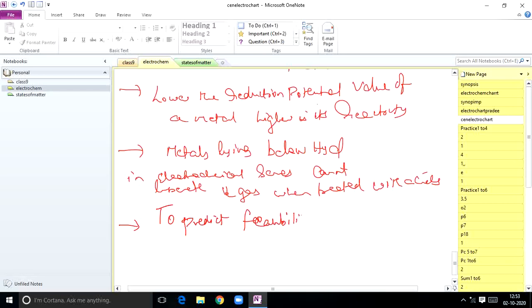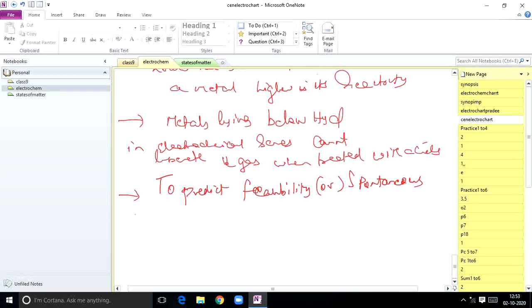So whether the reaction is spontaneous or not, you can predict it. How can you predict it? By applying the formula: standard EMF of the cell is equal to reduction potential at cathode minus reduction potential at anode.